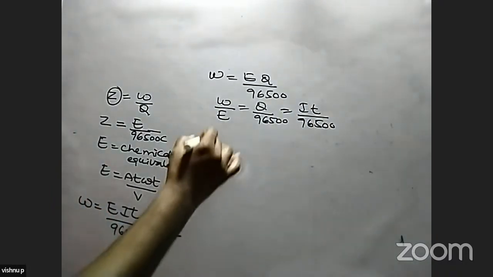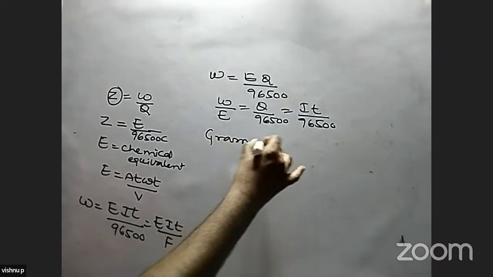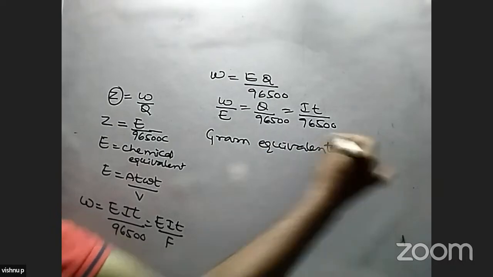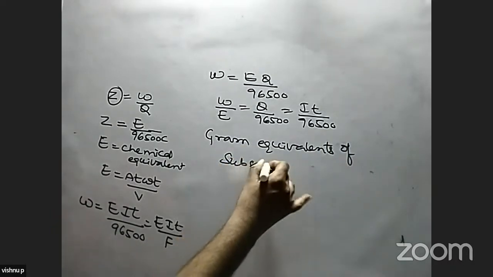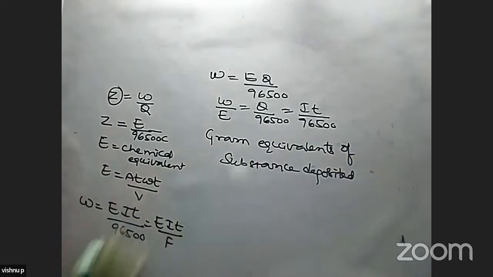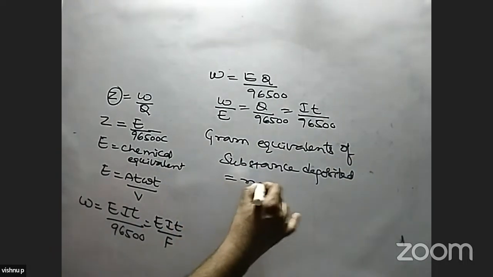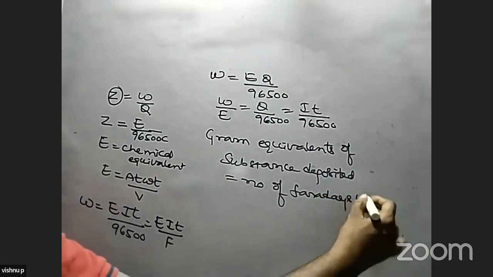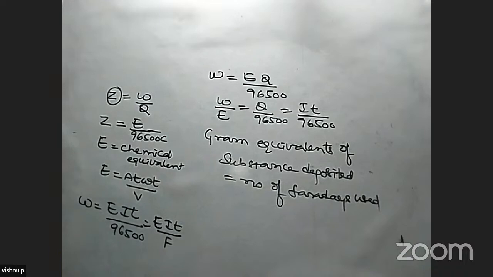So here, gram equivalents of substance deposited is equal to the number of Faradays used in that reaction, or the number of Faradays passed through that reaction. This is according to Faraday's first law.